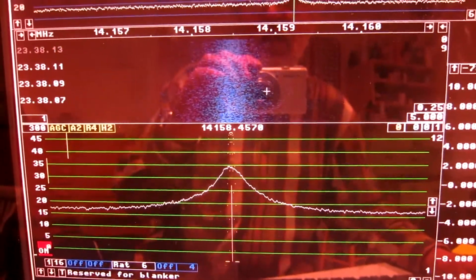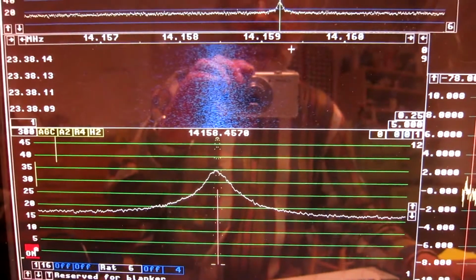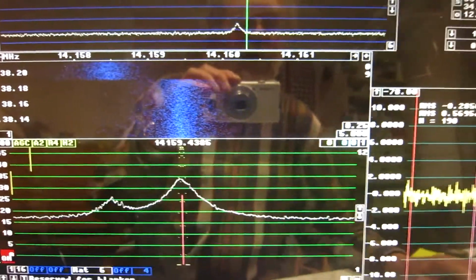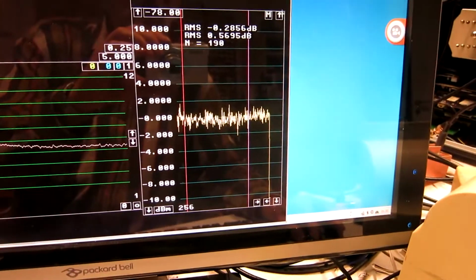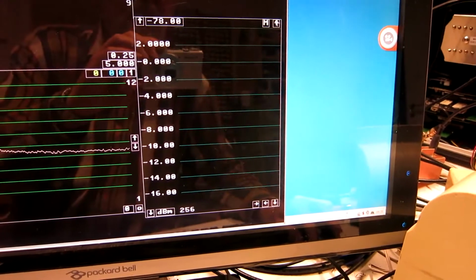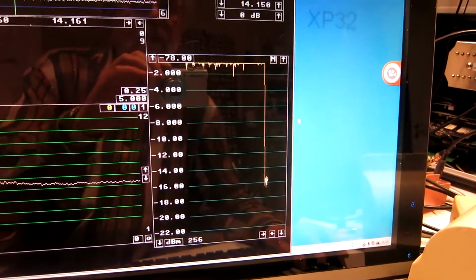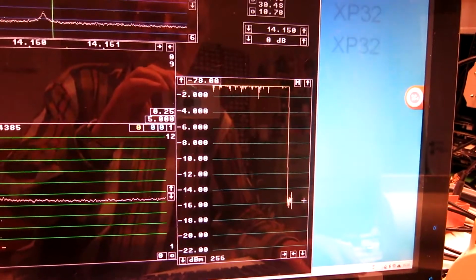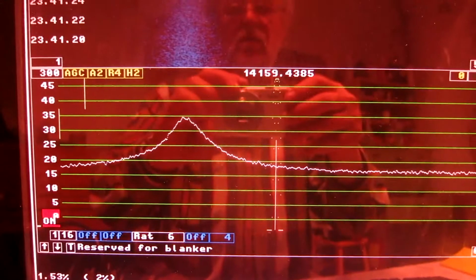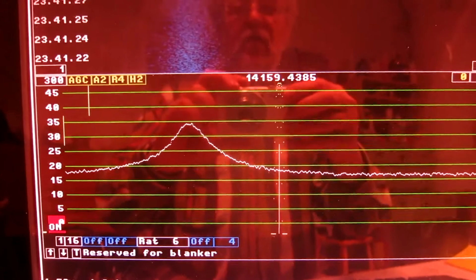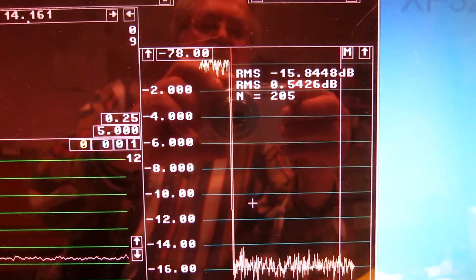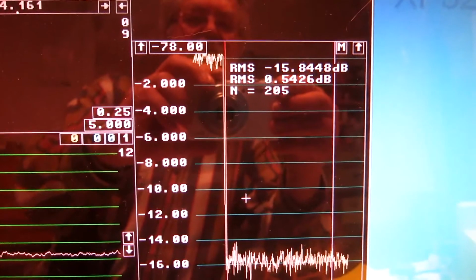So I move 1 kilohertz away. This will be about here. And then wait for the noise level. And you can see it's about 16 decibels. So here, still 1 kilohertz away, the S-meter shows me that the noise is 15.8 dB.